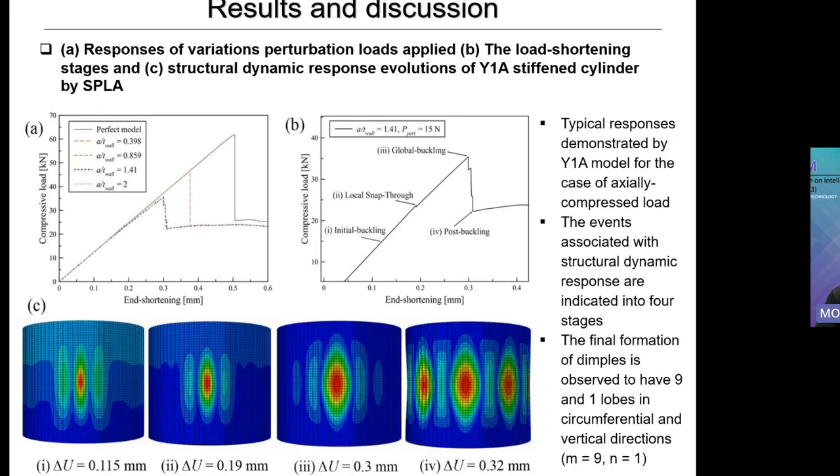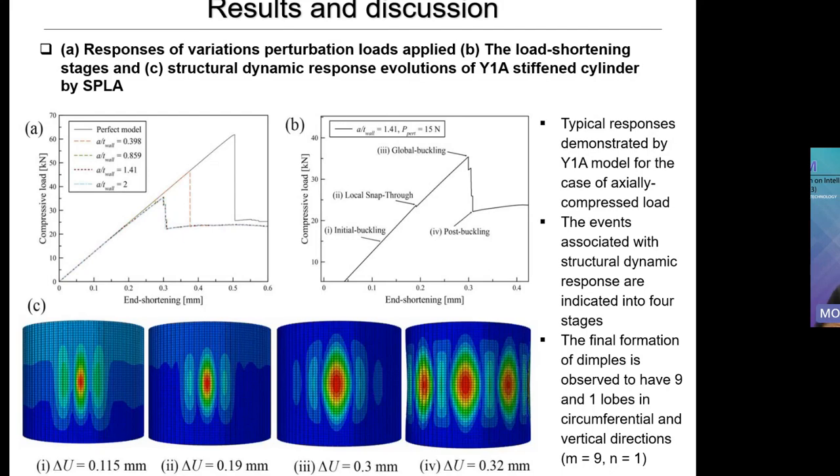As you can see, typical responses demonstrated by Y1A for the case of compression, where the event is associated with structural dynamic response indicated by 4 stages. The first stage goes by initial buckling, slightly having some dents here, maybe 2 or 3 dents.